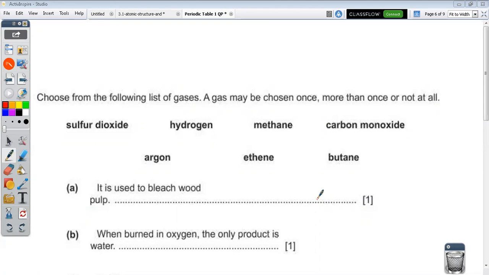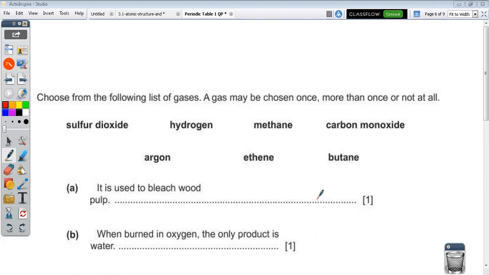We have sulfur dioxide, hydrogen, methane, carbon monoxide, ethane, and butane. So what do we use there for bleaching?